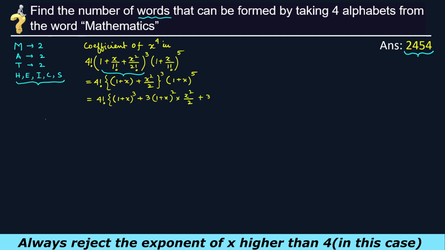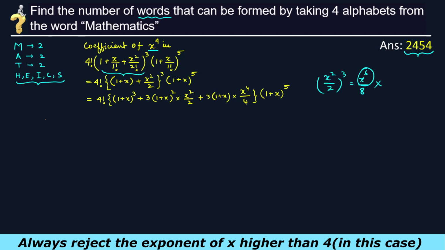So we are actually getting this. Is it clear? Now have you observed one thing? I have not considered the cube portion of the last one, because the cube of this will give us x to the power 6 divided by 8. Now x to the power 6, I need only x to the power 4. So I don't need x to the power 6. That is why I have not included it.